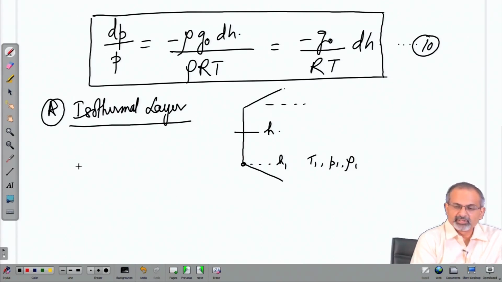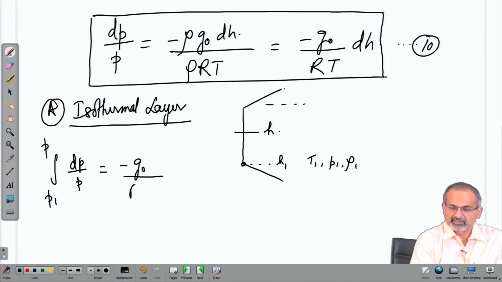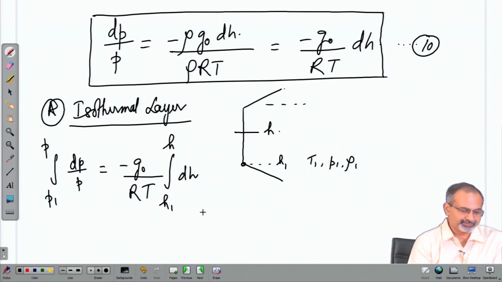Now, in this situation, if you integrate equation 10, you are going to integrate it from P1 to P. g naught is a constant, so are R and T, so they go out of the integral. So, you are going to integrate dh from h1 to h. What does it yield on integration?